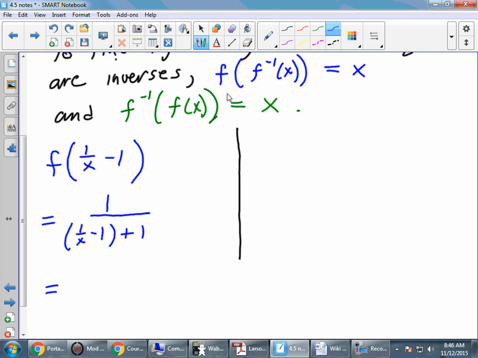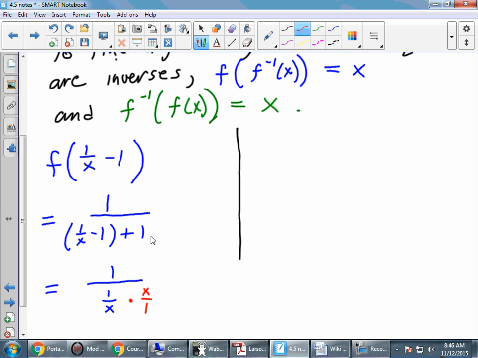So this equals 1 over, well, what do the ones do? Subtract out. Thanks for using the good language. 1 over x. Now, let's think of this not as 1. Well, that'll work. Yeah, it'll be fine. And then we can multiply by what? Starts with an R. Reciprocal, x over 1.